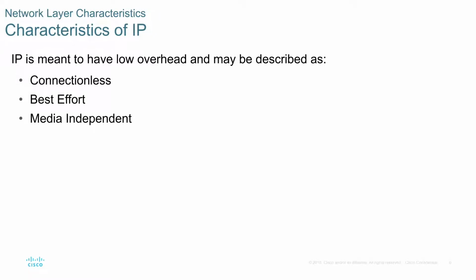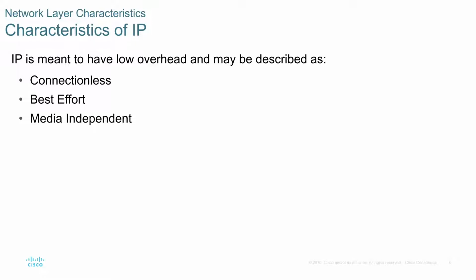IP is connectionless in that when we send out information, we do not necessarily need to know if the receiver is there. It is a best effort system in that we try to get the information there, but if it doesn't arrive, there is not really a problem or a concerted effort to resend it.